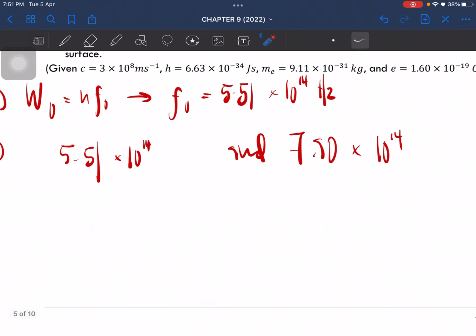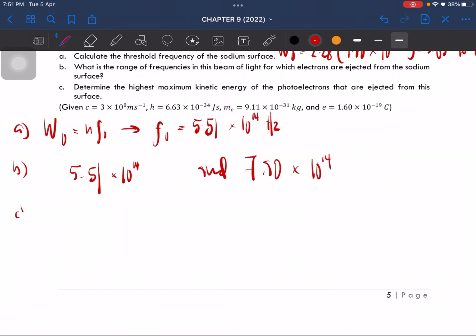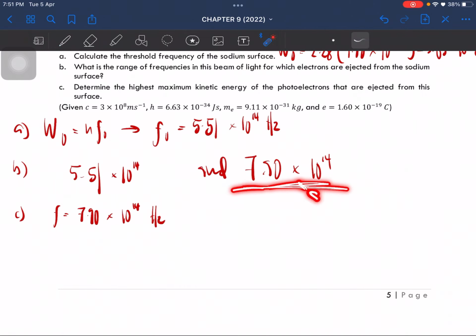For question C, the highest maximum kinetic energy, we are going to use the maximum frequency of the radiation, so that is 7.9 times 10 to the power 14 Hertz. That is the maximum frequency, so that is going to tell us about the maximum kinetic energy.